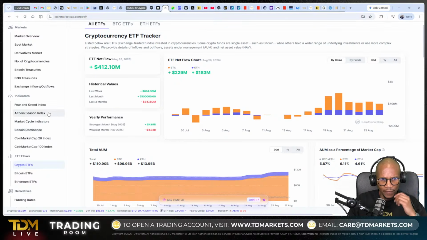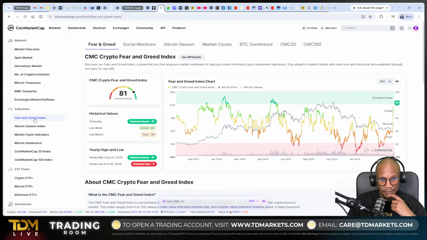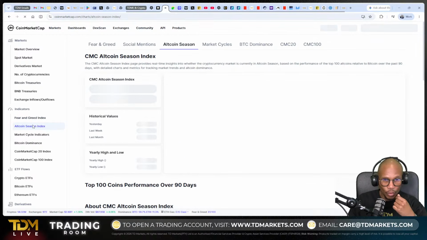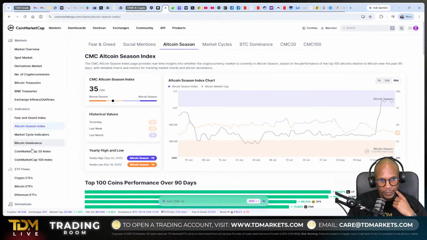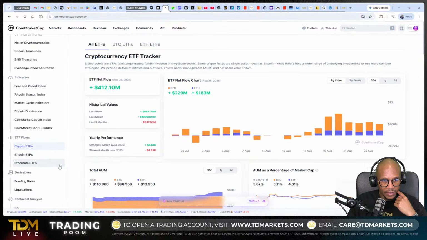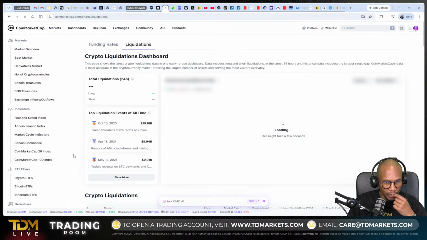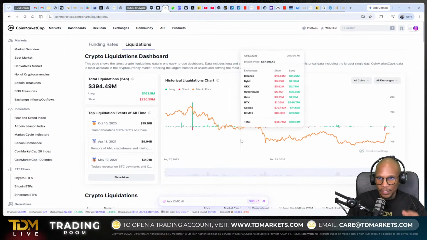You've got your fear and greed index. You've got your altcoin season index. So it's really interesting. All right, we've got the liquidations as well here.